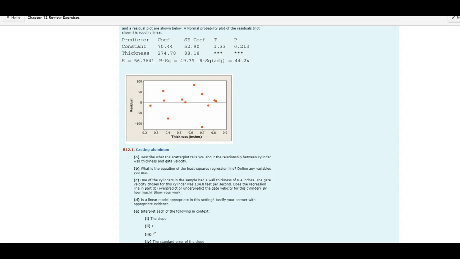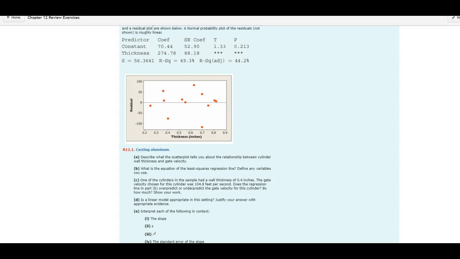Right, so part C, you're going to use the residual. Does it overpredict or underpredict, right? So in that case, one of the cylinders in the sample had a wall thickness of 0.4 inches, right? So that's x. You're going to take that value and plug it into your least squares equation up here, and then figure out what the predicted velocity would be for that. Its actual velocity was 104.8.